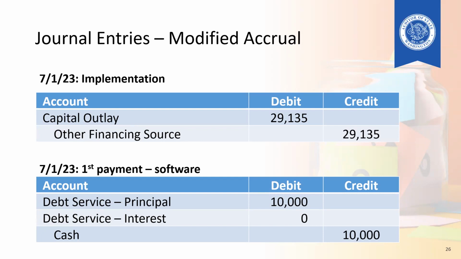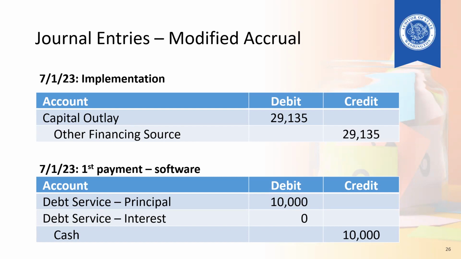Instead, in our governmental funds, we're going to record a capital outlay and an other financing source. The amounts that we calculated for full accrual are the same amounts we're going to use now for our modified accrual. We're just going to use different accounts.